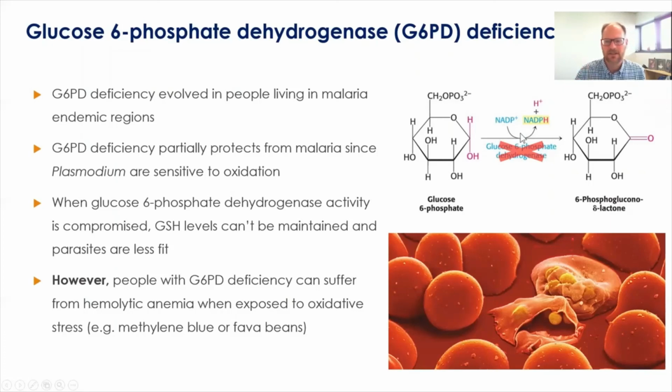But interestingly, as it turns out, this mutation actually evolved as an anti-malaria mechanism. And the reason for that is by having a deficiency in glucose 6-phosphate dehydrogenase, the cell has a lower capacity to produce NADPH. And that results in the cell oxidizing. And as it turns out, the parasites are more sensitive to that oxidative damage than the cells are, and they die.